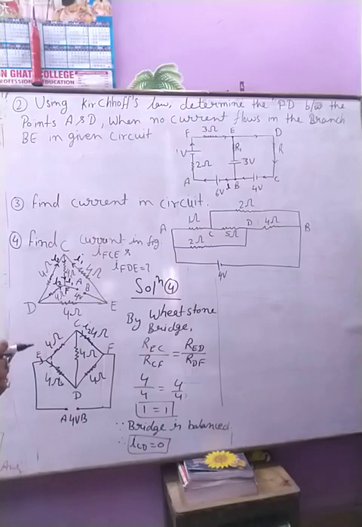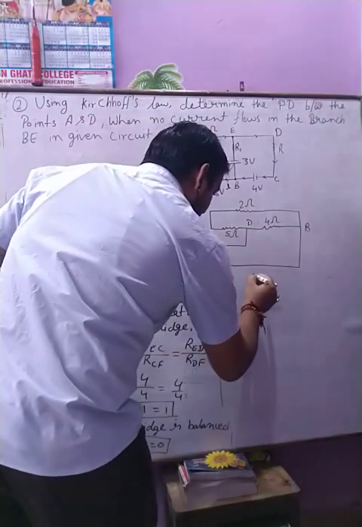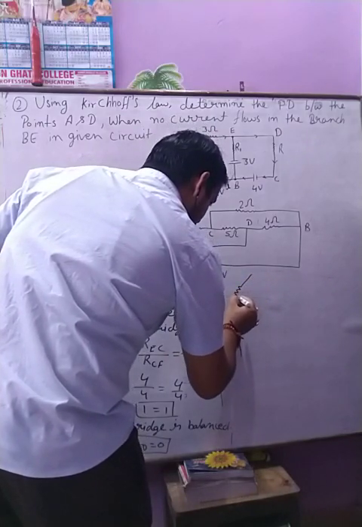हमें करंट निकालना है F, D, E and this. Okay. Now the bridge is balanced.